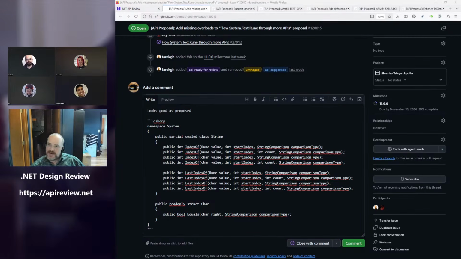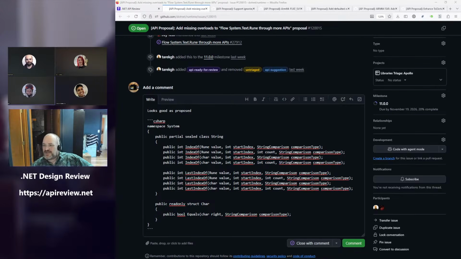But count could be either. Does read-only sequence have a length? Oh, that's an interesting point. Yeah, it does. All right, there's your counterexample.